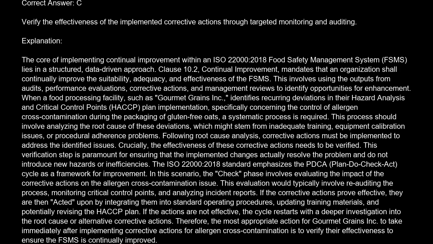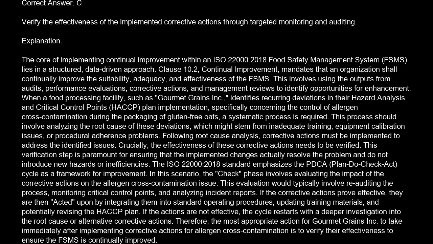In this scenario, the check phase involves evaluating the impact of the corrective actions on the allergen cross-contamination issue. This evaluation would typically involve re-auditing the process, monitoring critical control points, and analyzing incident reports. If the corrective actions prove effective, they are then acted upon by integrating them into standard operating procedures, updating training materials, and potentially revising the HACCP plan.